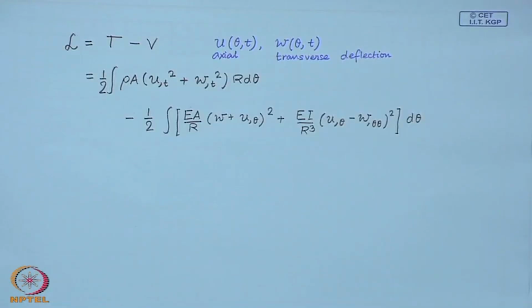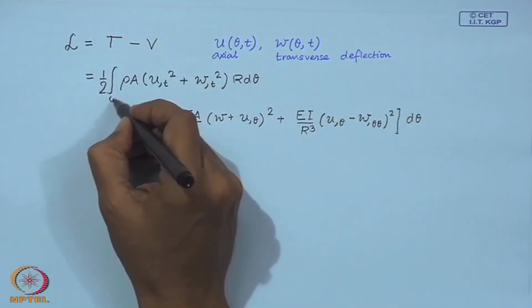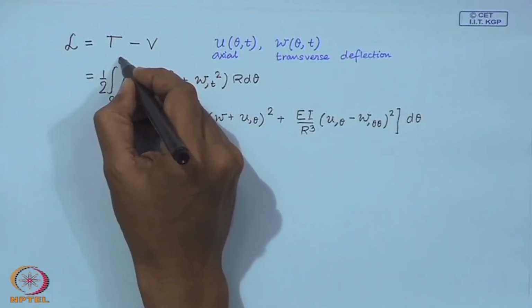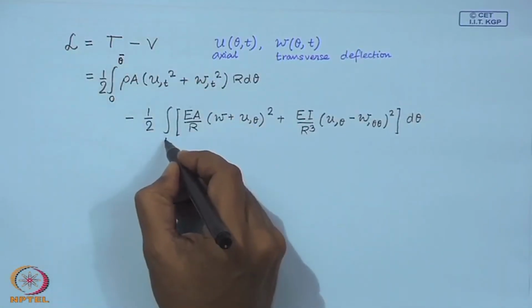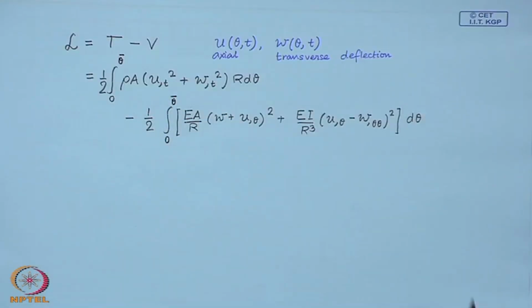Here, the angle varies from, say, 0 to whatever angle you have, so the angular extent of the beam.